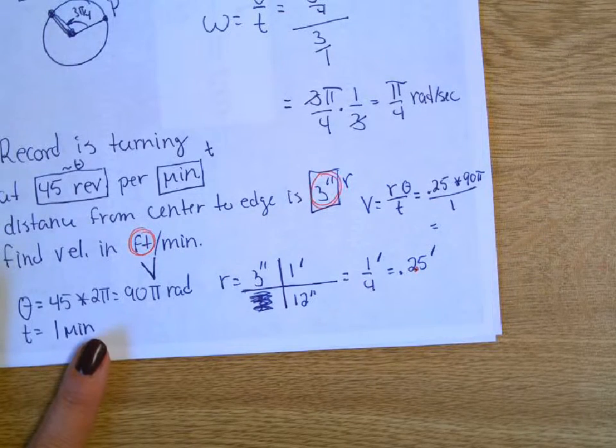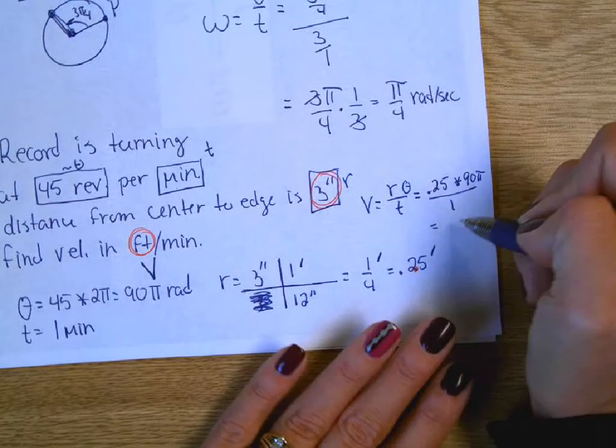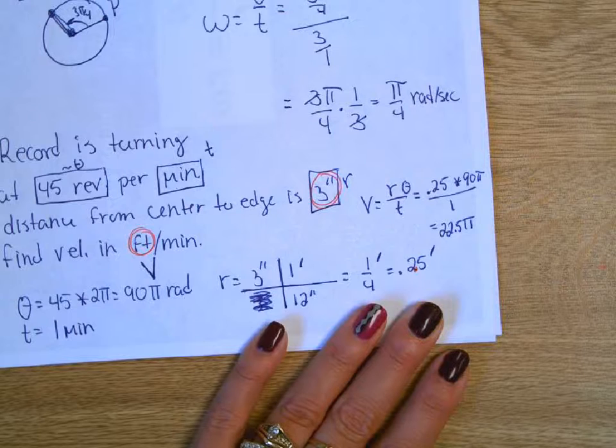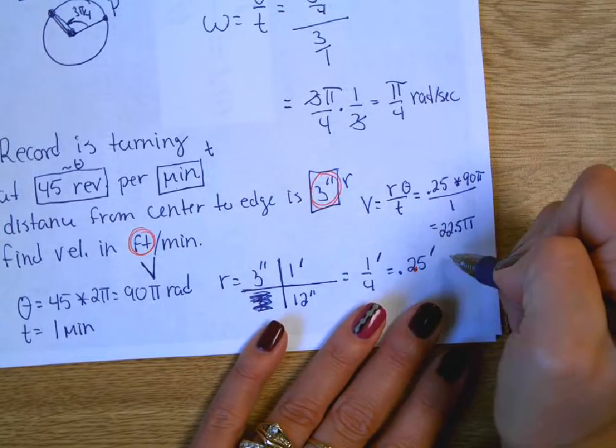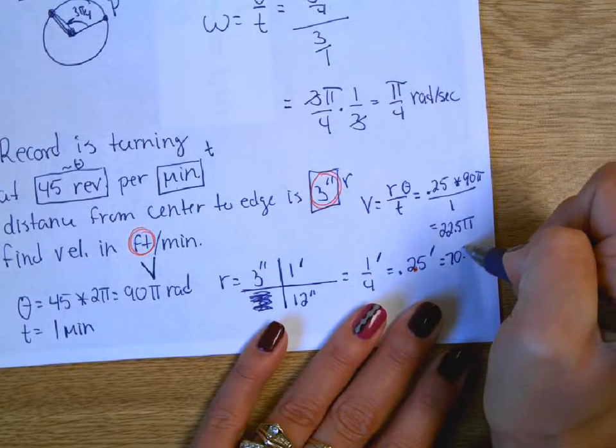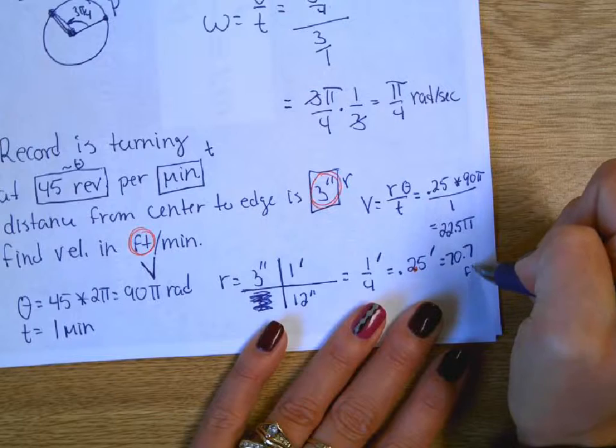So 0.25 times 90, it'd be 22.5 pi as an exact. If you multiplied by the pi, that'd be 70.68, or 70.7, we'll just go there, feet per minute.